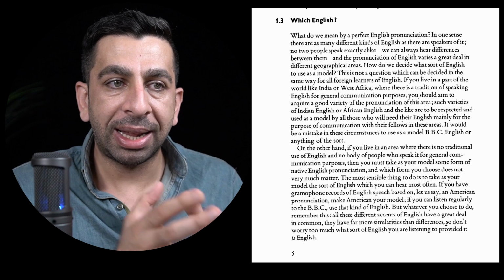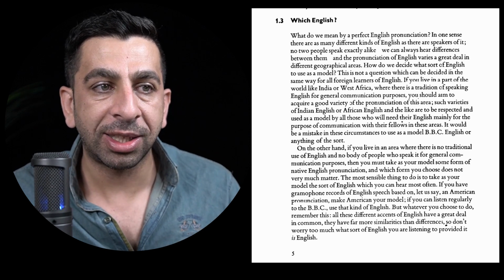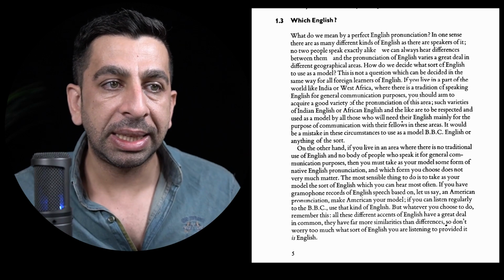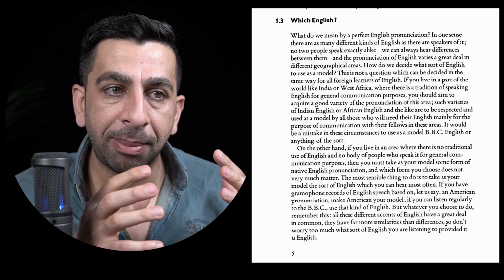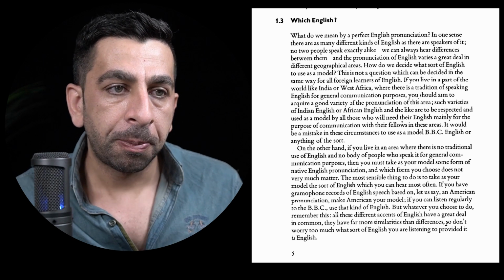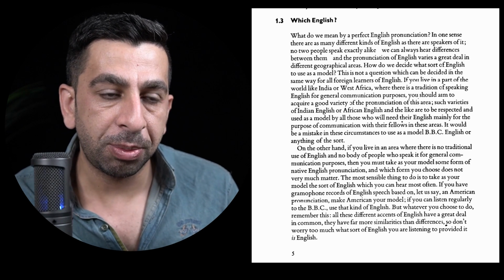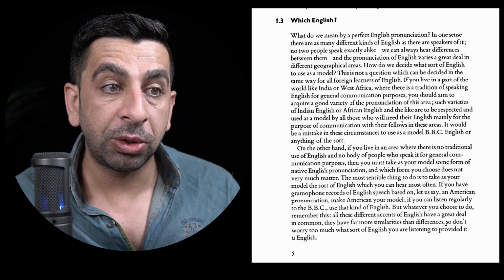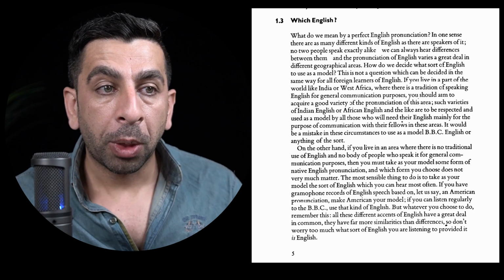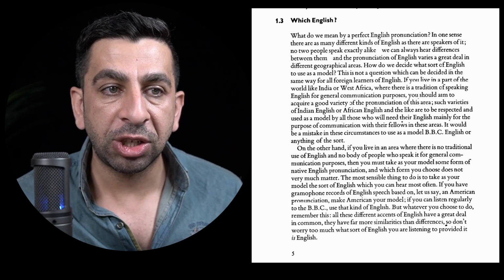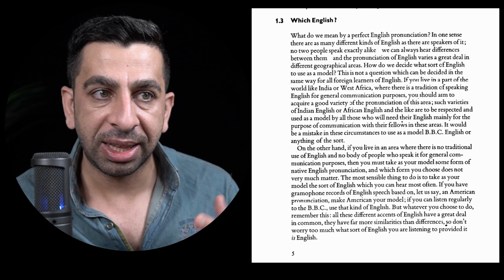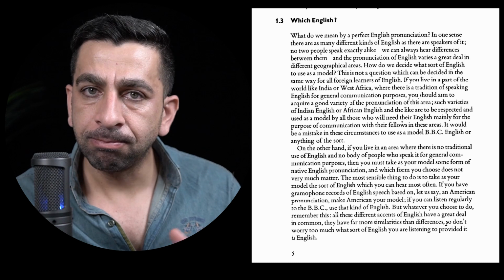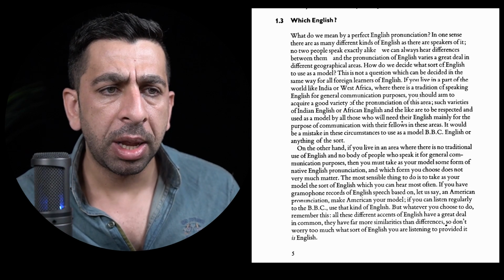You must get used to the pronunciation of this region, such as varieties of Indian English or African English that exist in these areas, which we call domesticated English use, and they are respected and used as a model by all who will need their English mainly for the purpose of communication with their fellows, friends or relatives in these areas.